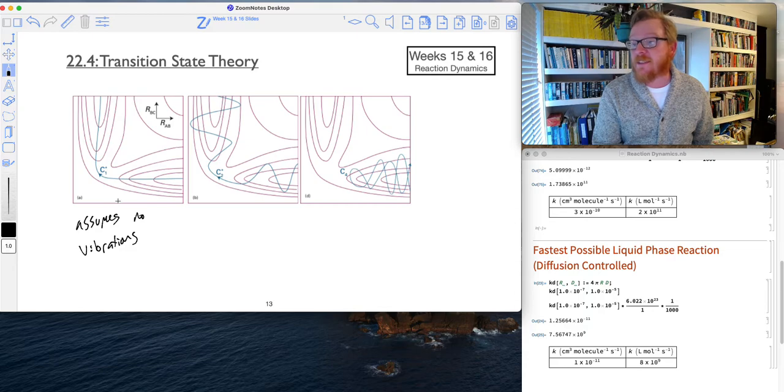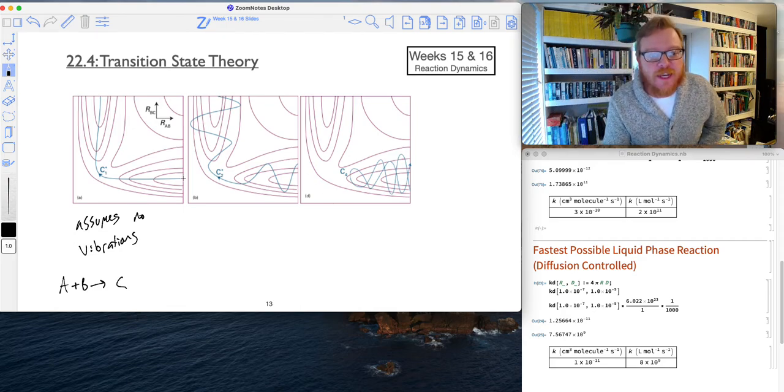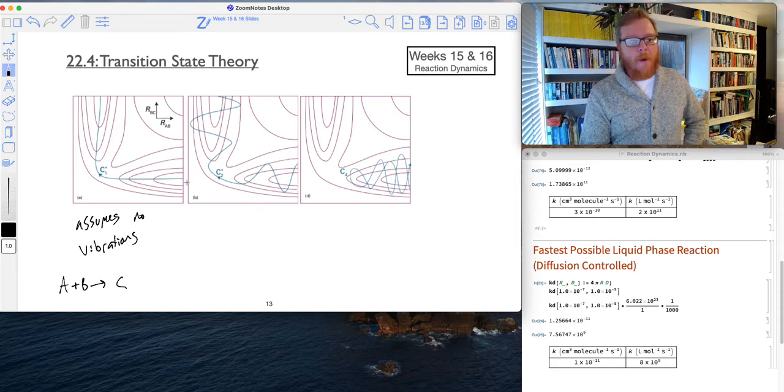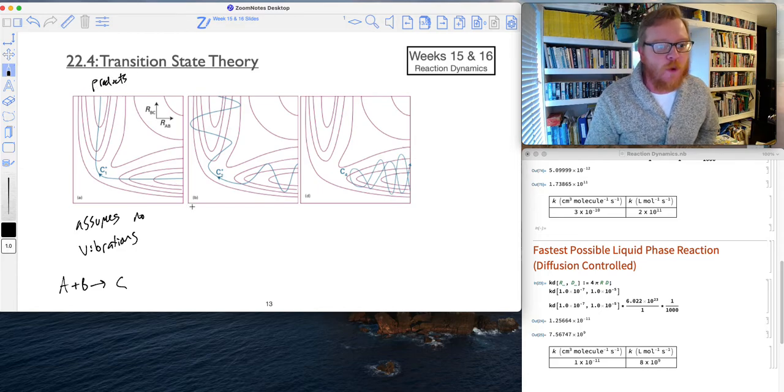And this would be consistent if we literally just had an A plus a B going on to make a C. So no, just single atoms reacting, right? They're going to exist in the minima of that potential energy curve, travel right through the transition state and on to products. So that's how this diagram works. So this is products and this is reactants, okay?